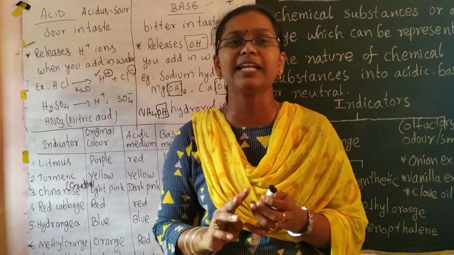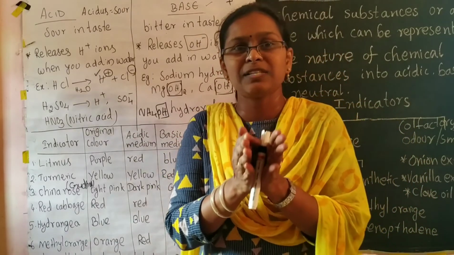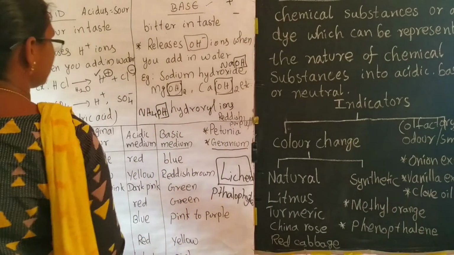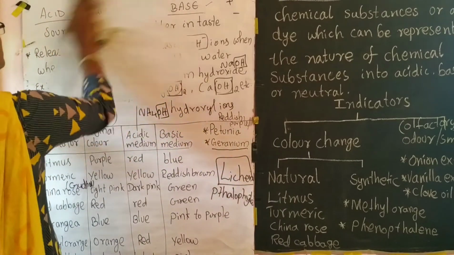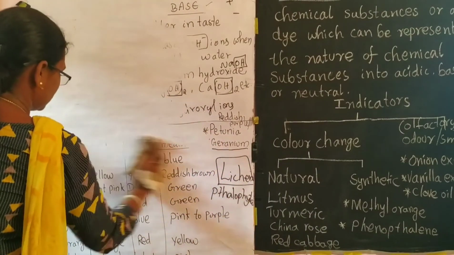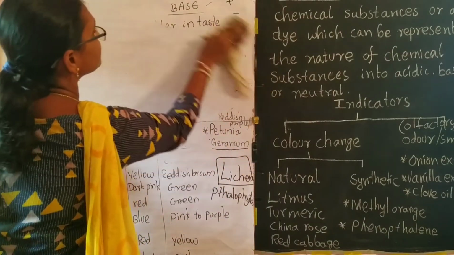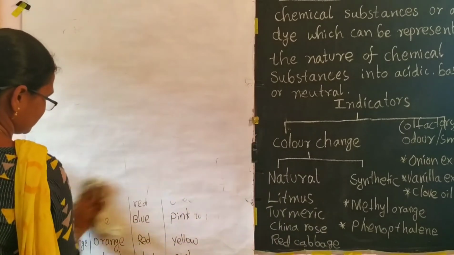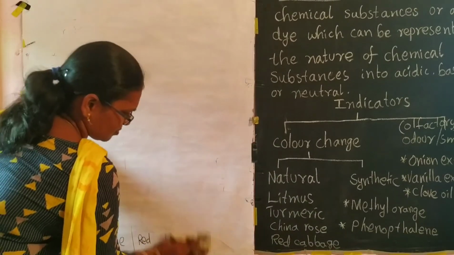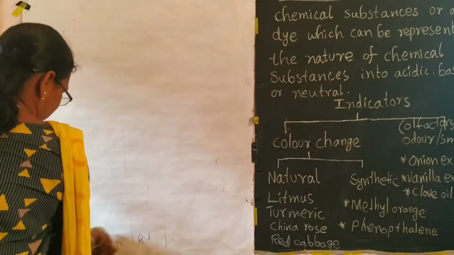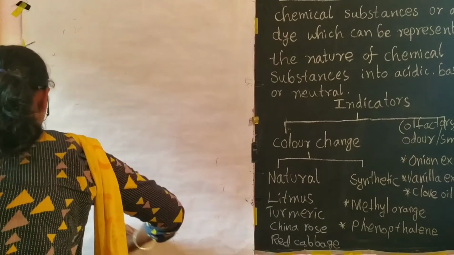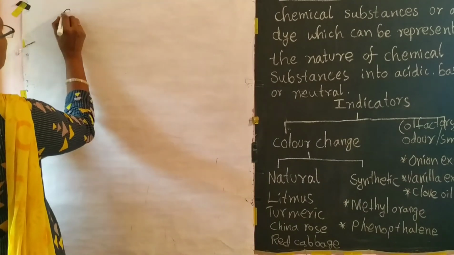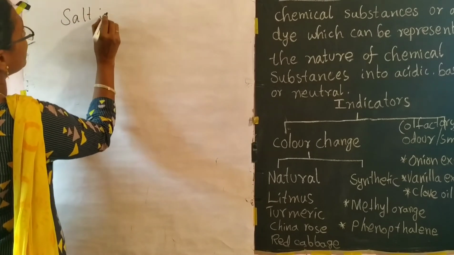Next we have another type of classification, that is called salt. How can you say whether a substance is a salt? When we say salt, what do you think of?